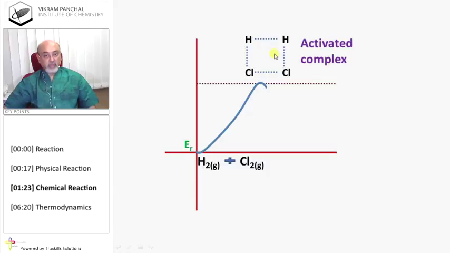It is transition state, and this is known as activated complex. The energy of activated complex is known as threshold energy, and that is highest. So if you give 163 kilocalorie or more, system absorbs only 163 and achieves this state, and that is called threshold energy.